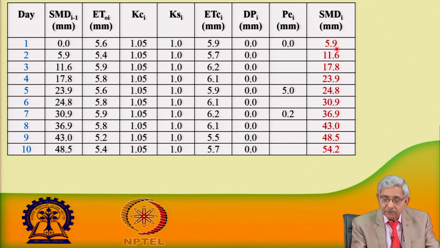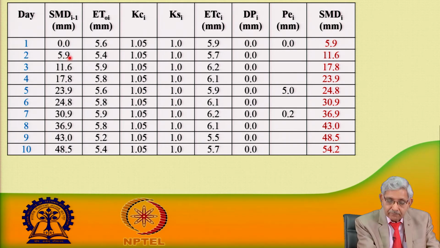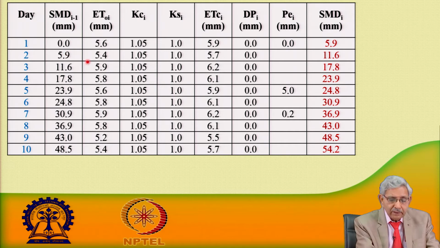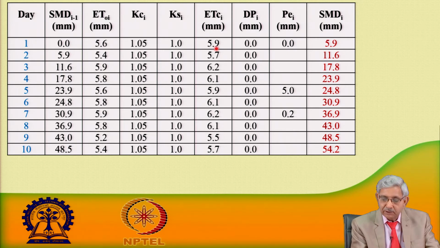So, this becomes the initial soil moisture depletion for day 2, and then ET naught is given. If you see from the table, it is 5.4, this is multiplied by 1.05 and this is 1. So, this becomes 5.7.